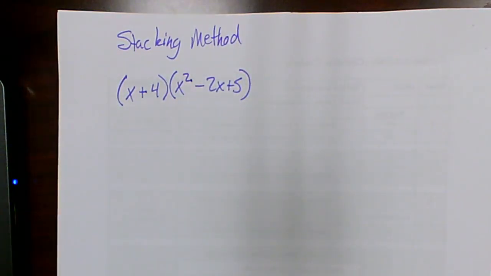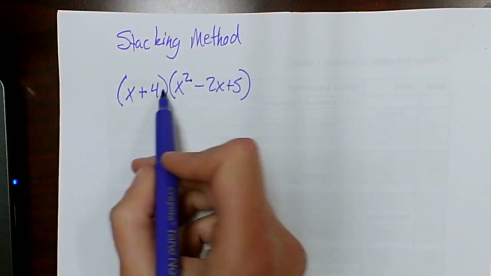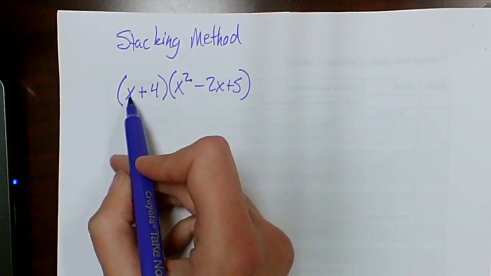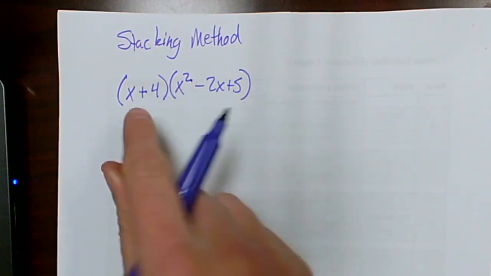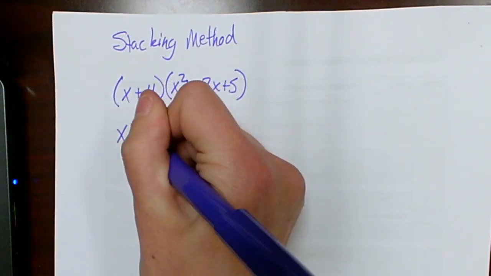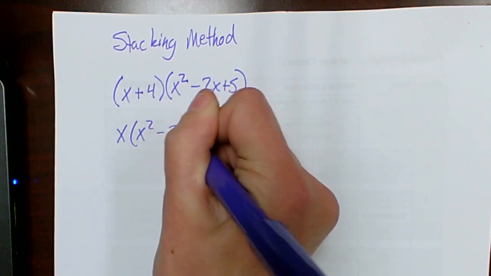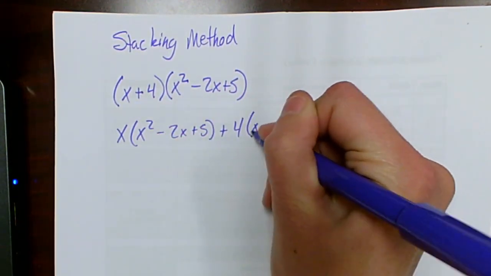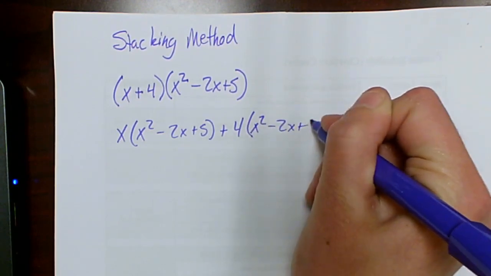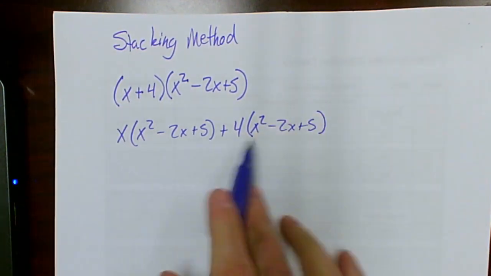And what we're going to do for each term we multiply to this, it's going to be one line. So technically, you can say, well, this is x times that quantity, and plus 4 times that other quantity. Okay, so that's technically what we're doing.